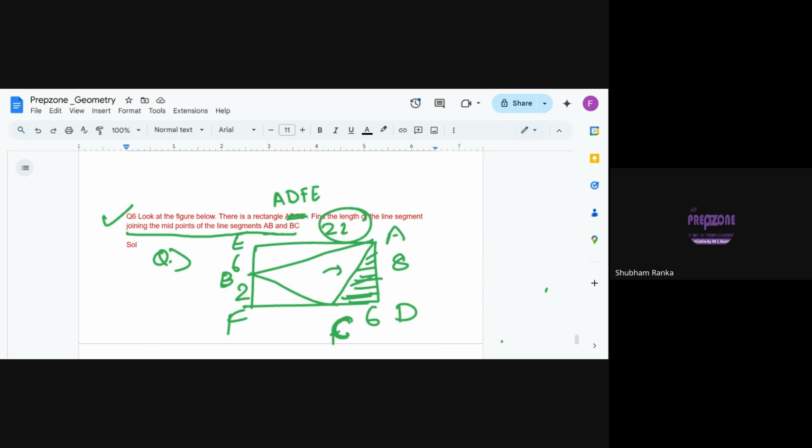No, no, read the question. 5. 5 is right. So it's quite easy, especially when I give you this 6.